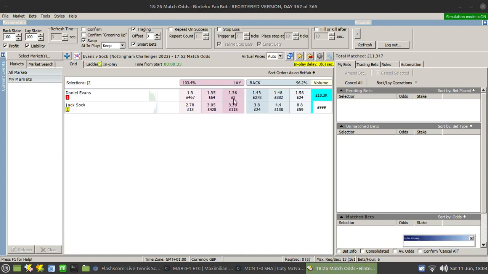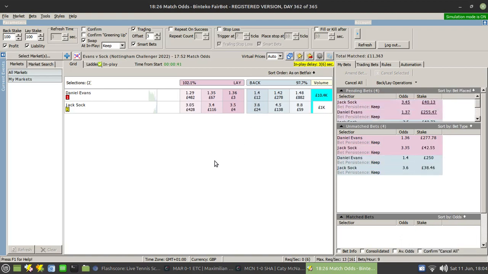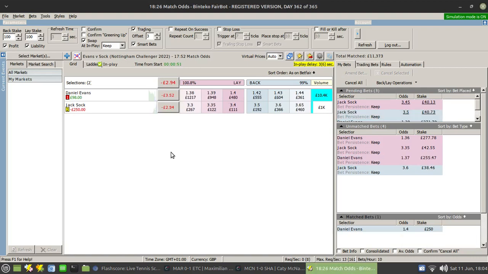With this technique, you just click on the lay side and, our little twist, click on the back side. That puts in those bets. Now, tennis being tennis, it may be a while for those bets to start getting taken. And in this particular match, there's not a huge amount of money yet, although that will build up over the course of the match.